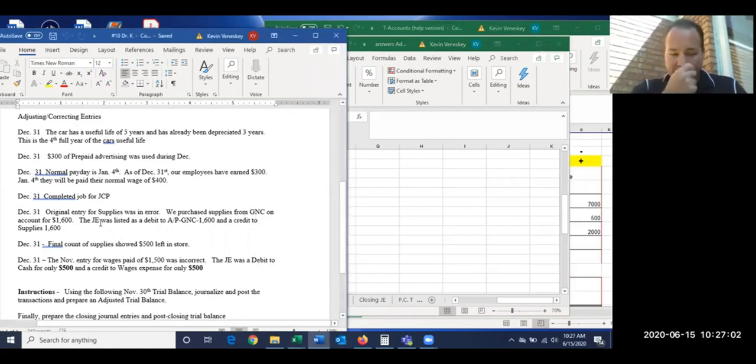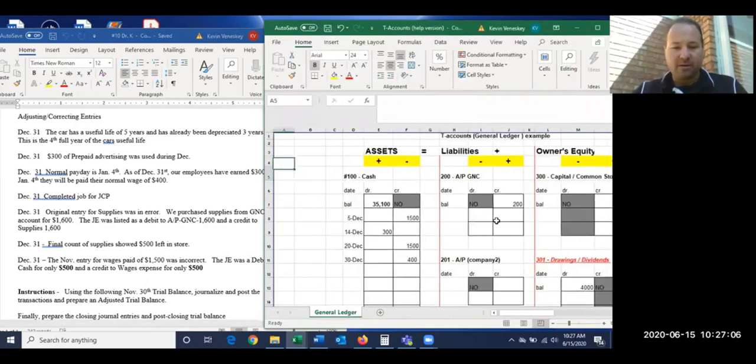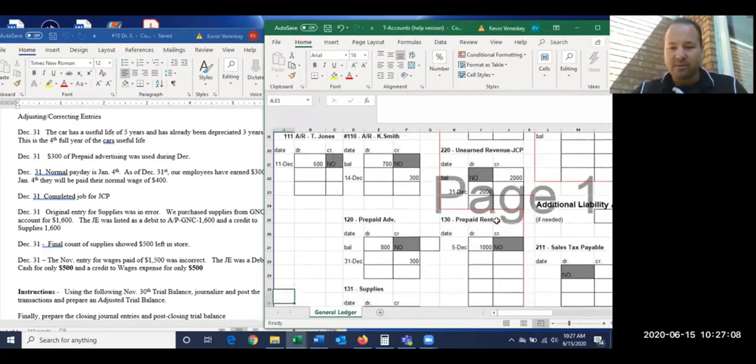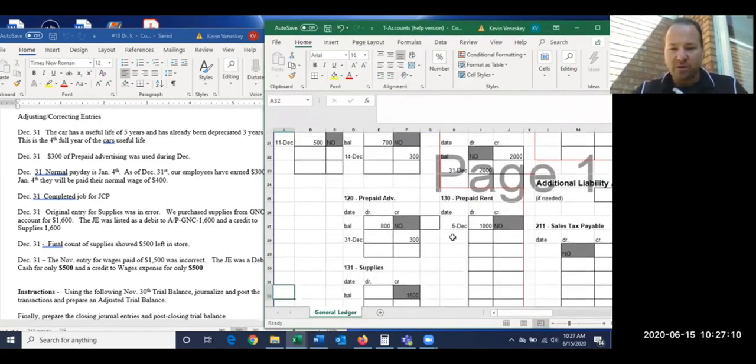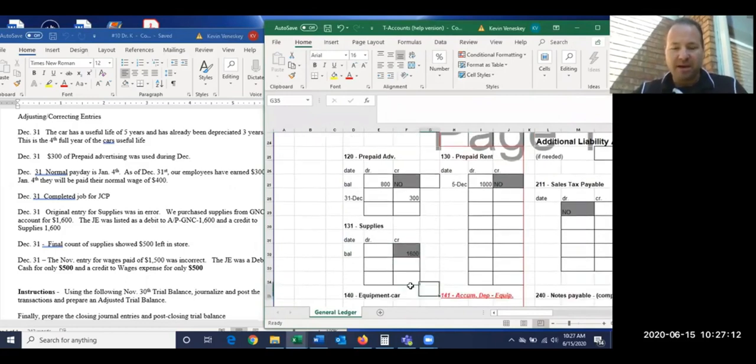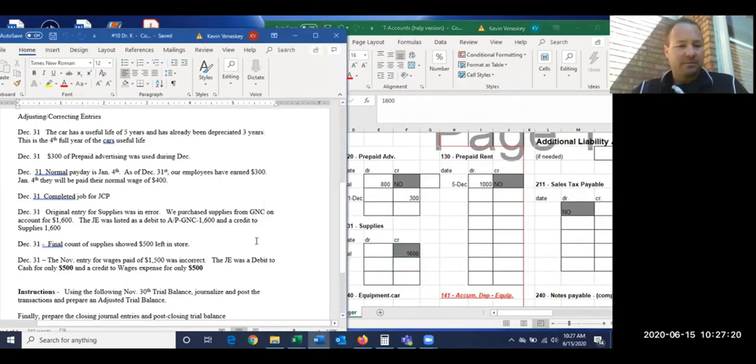So it says the original entry for the supplies was an error. And we go back to our supply account. And remember we had said to put that, even though it's weird, in the weird spot. So yeah, we know that it's an error. Now we just need to figure out why it's an error and fix it. We purchased supplies from GNC on account for $1,600.